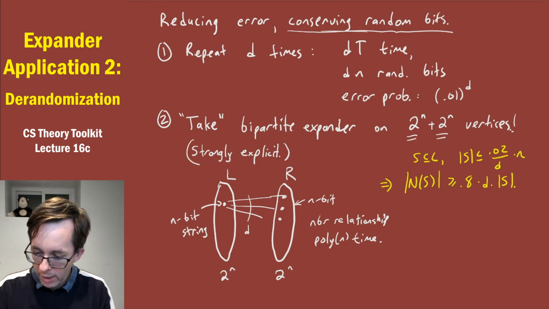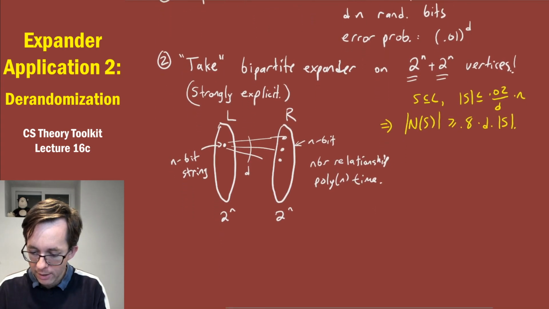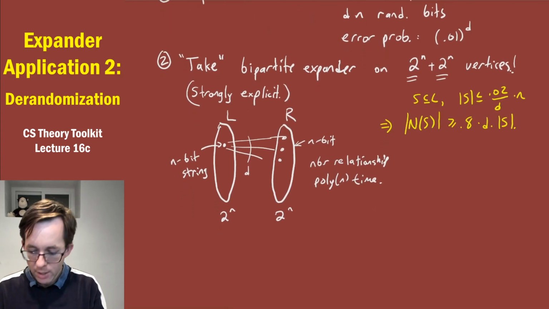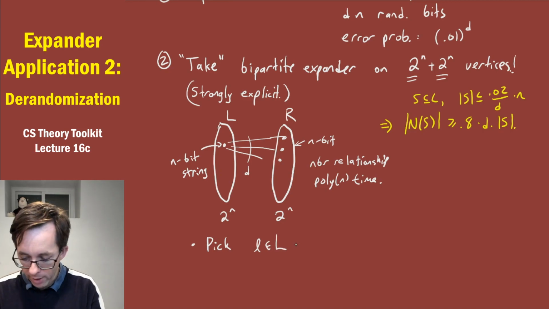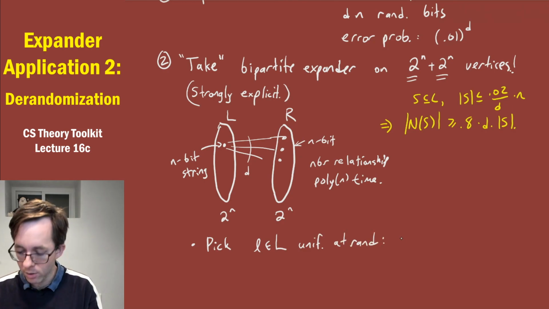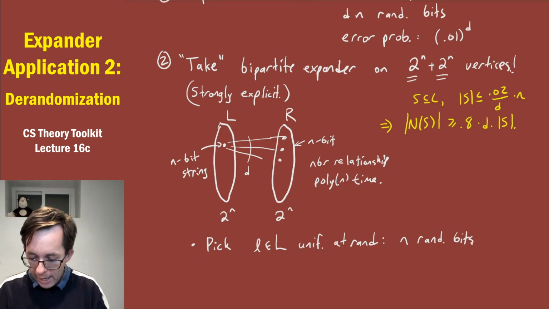Okay, so what is the actual algorithm here for trying to decrease the error in algorithm A? So step 1, pick a vertex L on the left-hand side uniformly at random. That's picking a random n-bit string, so this definitely costs you n random bits. No doubt about that. But now, just consider its neighbors.